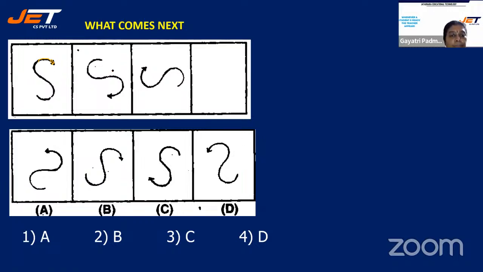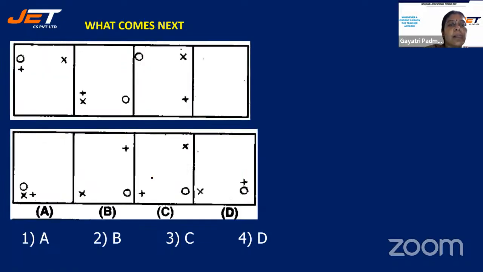The third one: see the first one, arrows facing right hand side, then down, then upward. So the next one should face where? It should face a little down, right? So the option should be C, this position. Let's see. Yes, it is C. All right. See the next question.